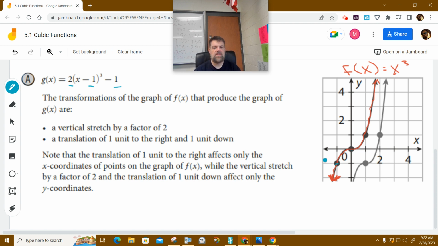What do you notice? Okay. Any other observations? In other words, this gray one here is g of x, right? You guys know that? That's the transformed function.